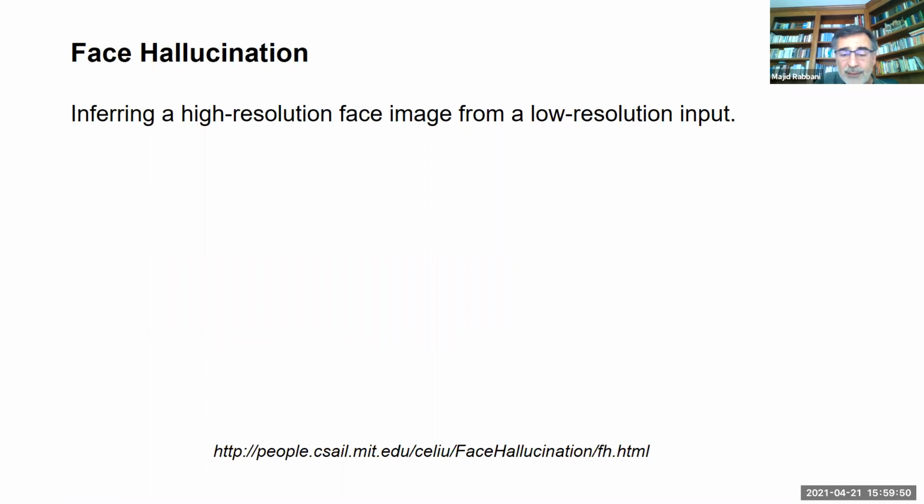So then, at the turn of the century, literally at the turn of the century, the face hallucination paradigm came into the market. What does that mean? Face hallucination is a special type of super resolution that pertains only to faces, because faces are so important in surveillance kind of applications.